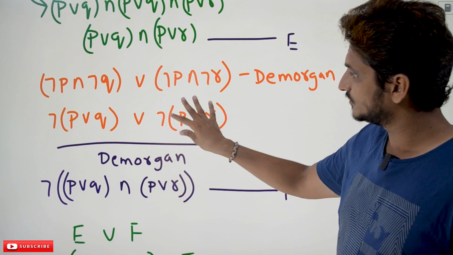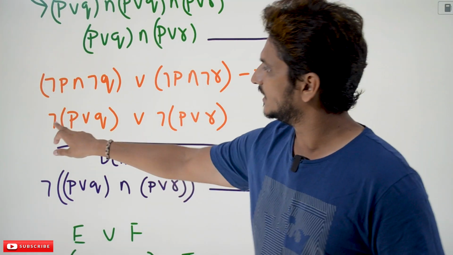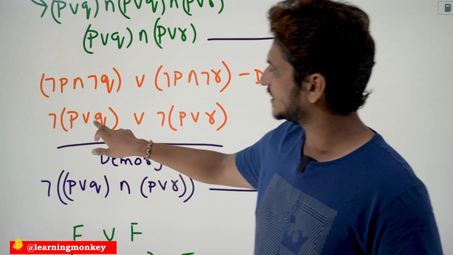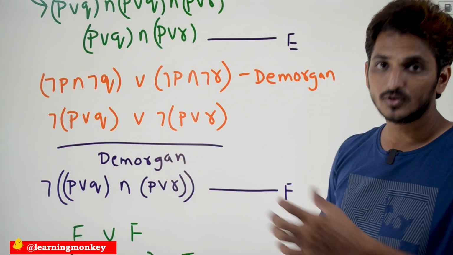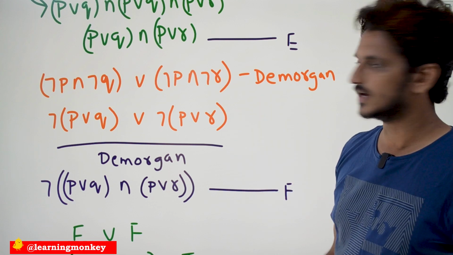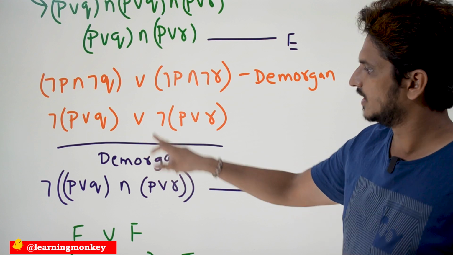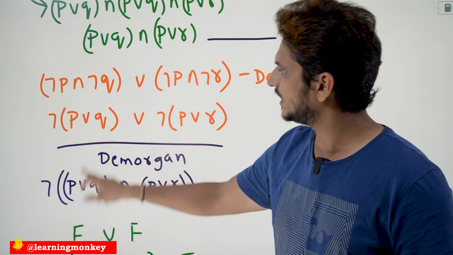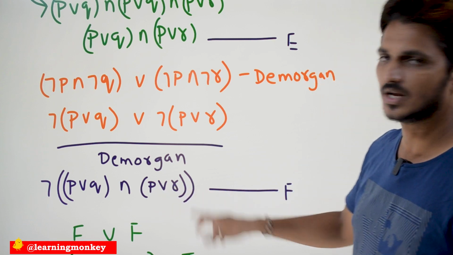Again this equation is in De Morgan's law. Yes, see, you consider this as X, negation X, disjunction, negation Y. If you take the negation outside, this disjunction is going to convert into conjunction. So if you take negation outside, P disjunction Q conjunction, P disjunction R.